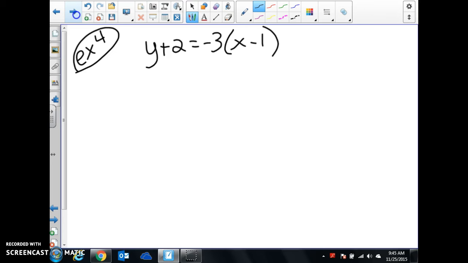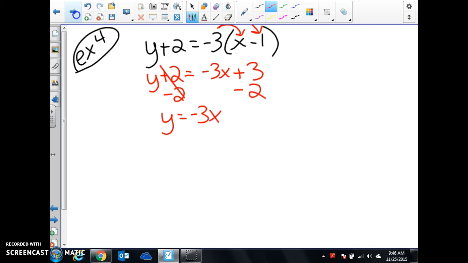Okay, my slope is negative 3. But you should also be able to turn that into slope intercept. So negative 3 times x is negative 3x. Negative 3 times negative 1 is a positive 3. Bring down your y plus 2. And then I want y by itself, so I subtract 2. y equals negative 3x. 3 minus 2 is a positive 1.